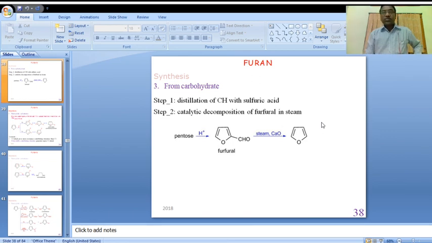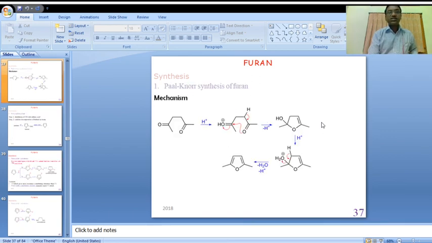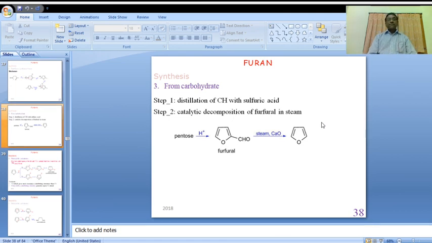Another type of synthesis is from carbohydrate. From carbohydrate we can get a furan compound. Two steps are involved in this method.